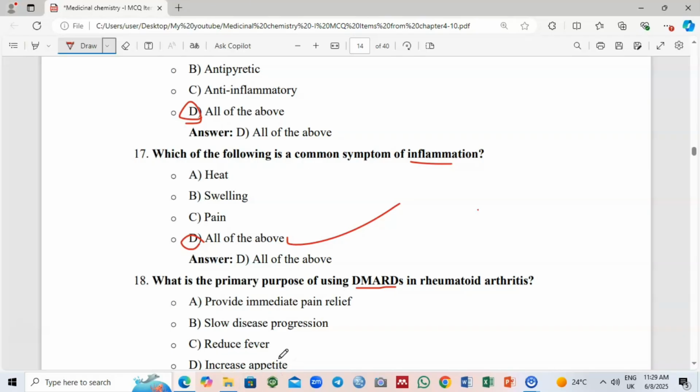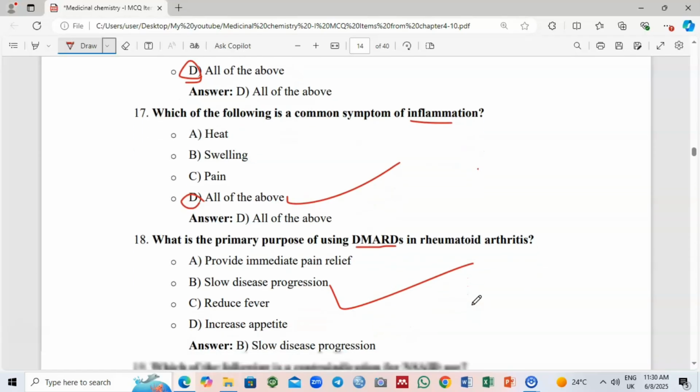D. Increase appetite. DMARDs are mainly used for reducing the progression of rheumatoid arthritis. Therefore, the answer is B, which is used for reduction of the progression.